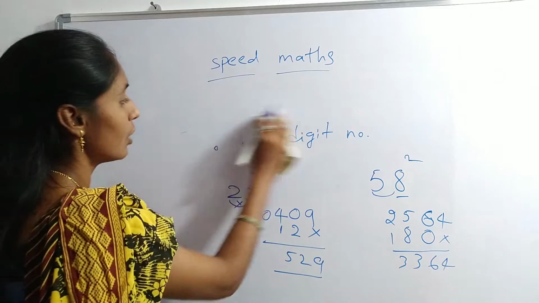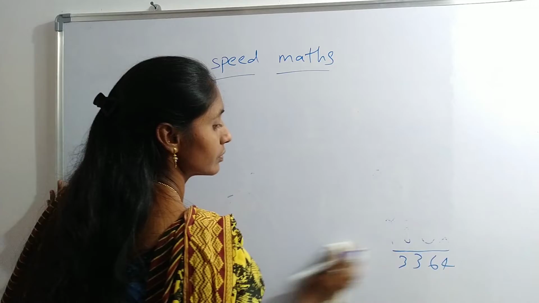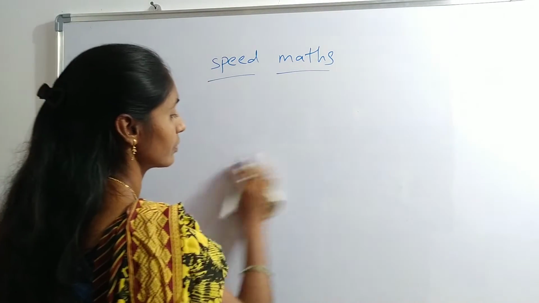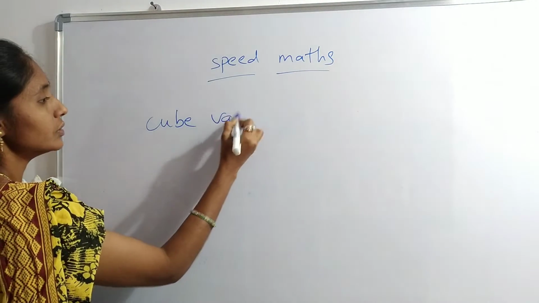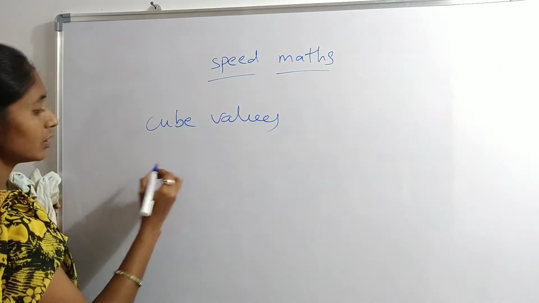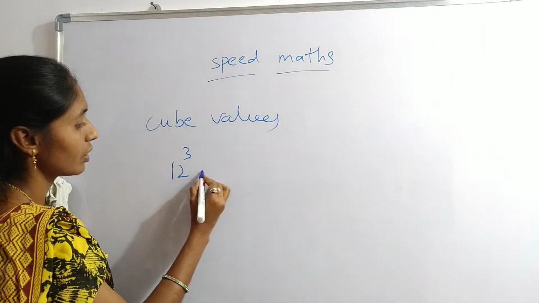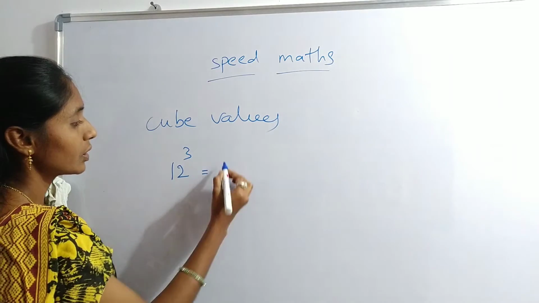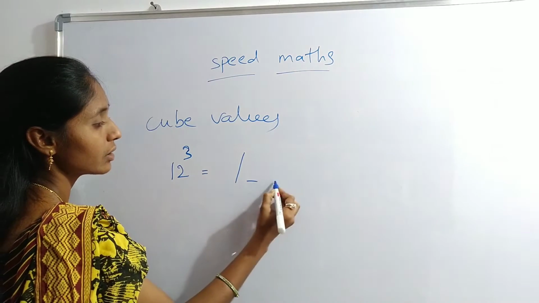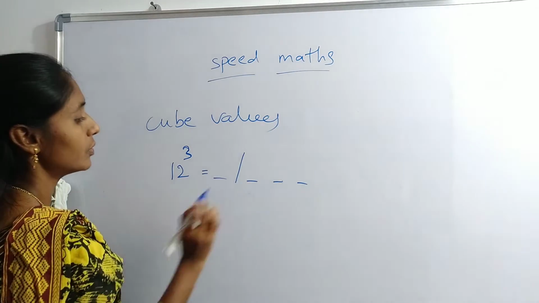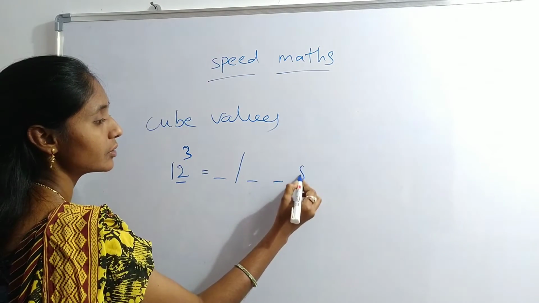Now, how can we find the cube values? Take the example 12 cube. Take 3 digits here. 2 cube is 8.